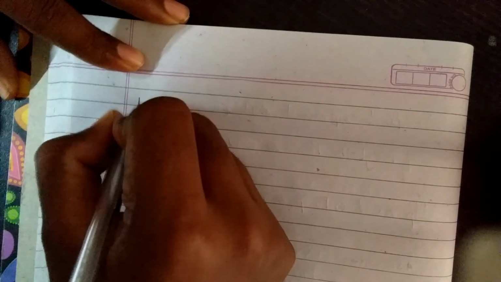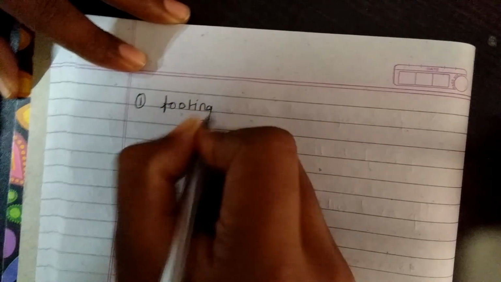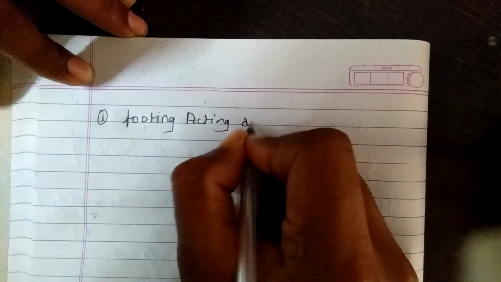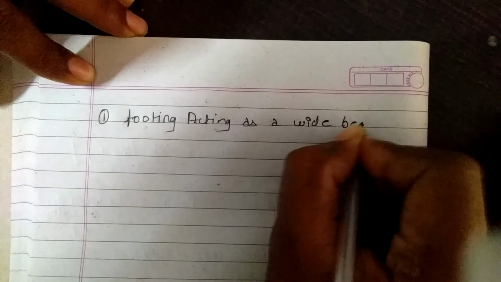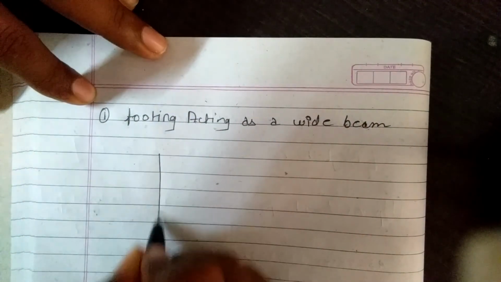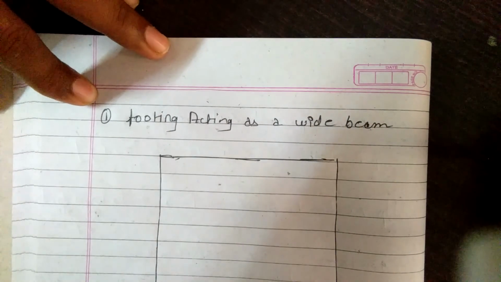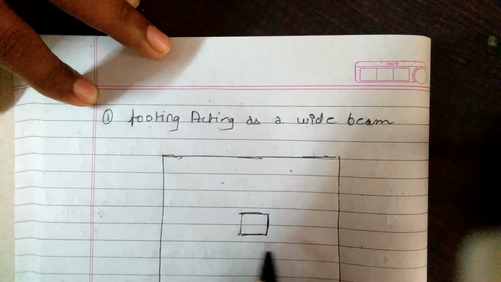Okay, now first one, next page. See, for first, footing acting as a wide beam. See, I am drawing the plan. Okay, here will be our column.